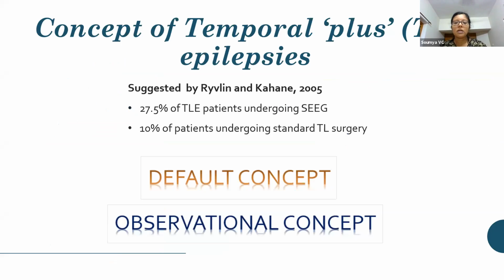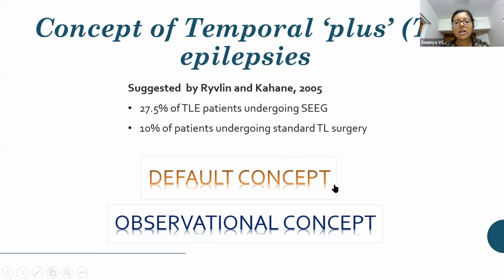The concept of temporal plus epilepsy was first suggested by Ryvlin and Kahane in 2005. Around 27.5% of TLE patients undergoing stereo EEG have temporal plus epilepsy, and this constitutes around 10% of the patients undergoing standard temporal lobe surgeries. This concept can be explained in two ways.